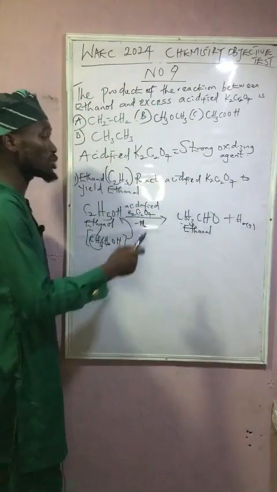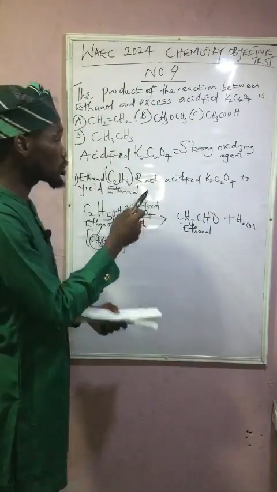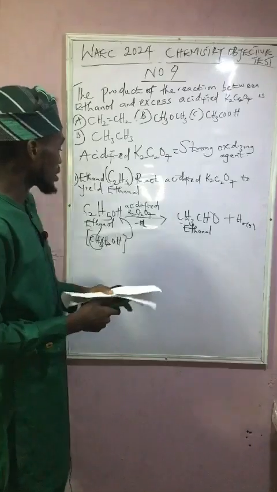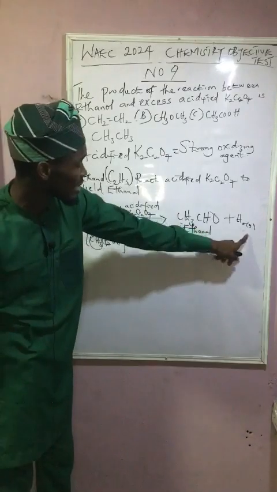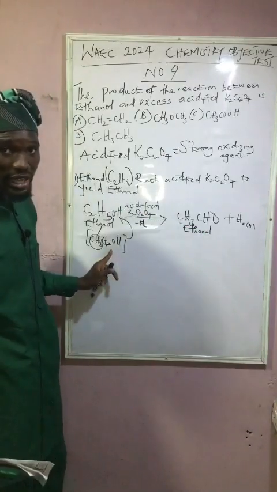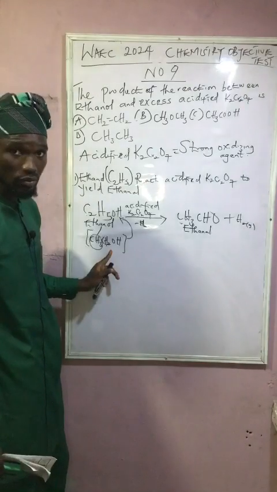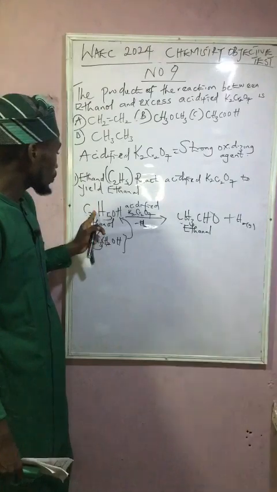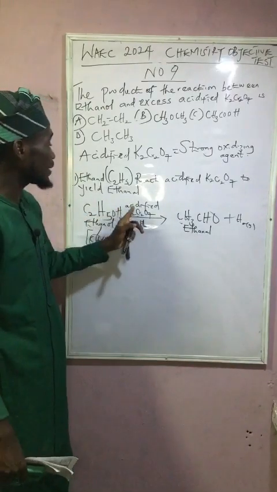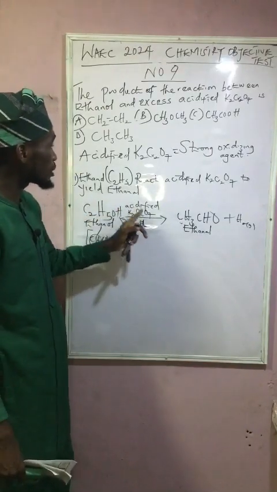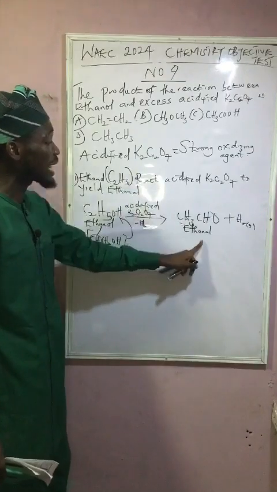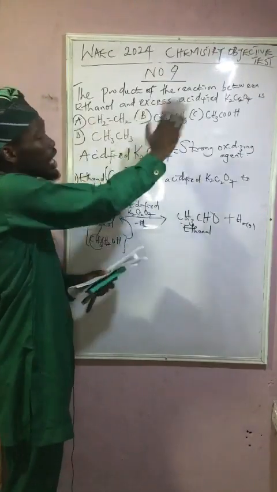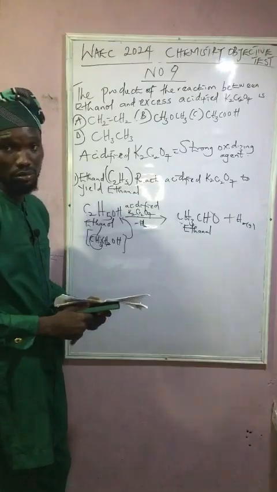But mind you, we don't usually put that. I'm going to show you guys, because if you have to look at it, it is only hydrogen gas that is leaving this ethanol. Is that clear now? So when ethanol in the presence of acidified potassium dichromate will yield ethanal. And when you look at this option, we don't have ethanal here. Is that clear now?